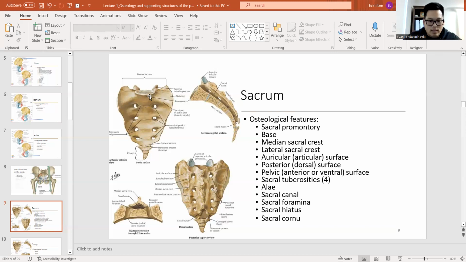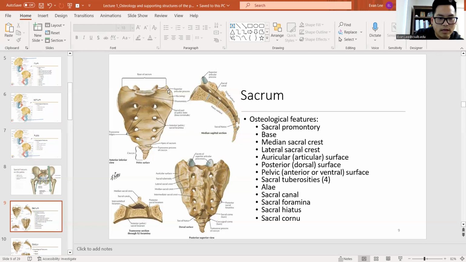So let's go ahead and take a look at the sacrum, which is this region right here, with the coccyx down here, the tailbone underneath. So to start off with, this right here is where you'd find the vertebral body, and this is where you find the sacral promontory. So this right here, the sacral promontory, this is at the top of the sacrum, which is where L5, your fifth lumbar vertebrae, is going to have its vertebral body resting on top of.